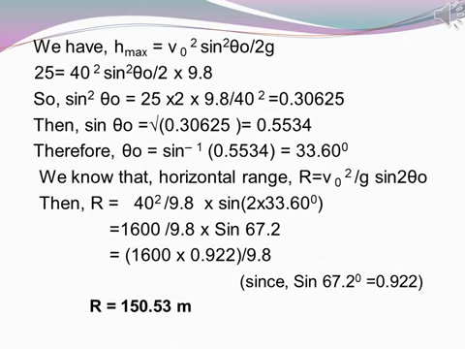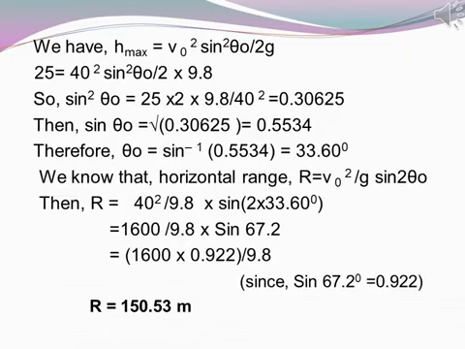As h maximum is equal to 25 meter and v0 is equal to 40 meter per second, then 25 is equal to 40 square into sin square theta 0 by 2 into 9.8, since g is equal to 9.8 meter per second square.